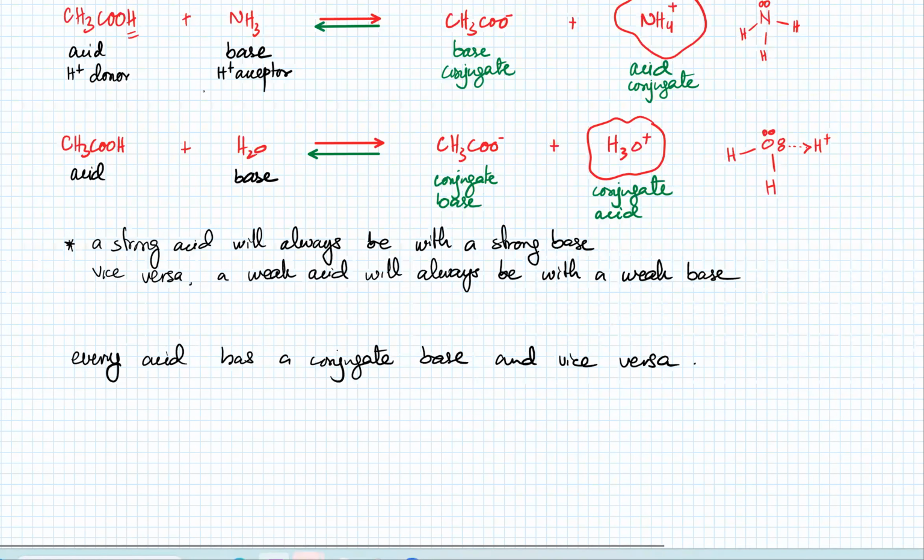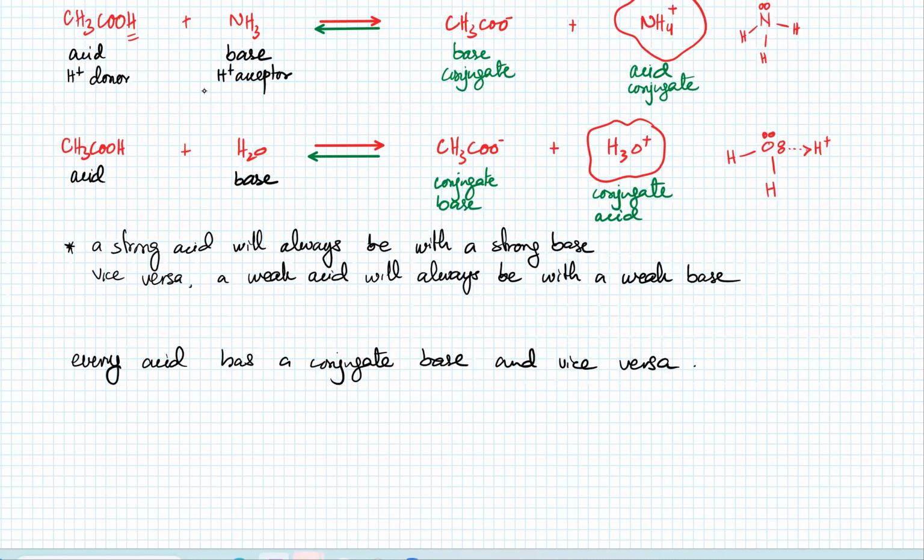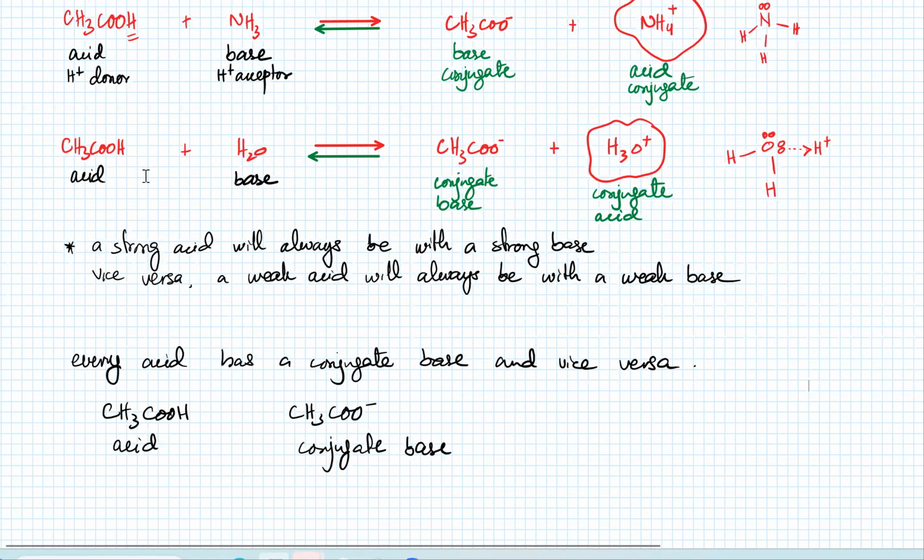Look at this above: if I've got ethanoic acid, it had ethanoate ions. That was the conjugate. So this one was your acid, and this is your conjugate base. Is that clear? Like if you look over here, ethanoic acid, this is your conjugate base. Is that clear?